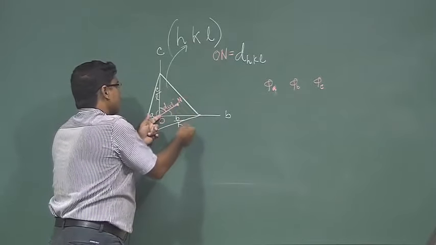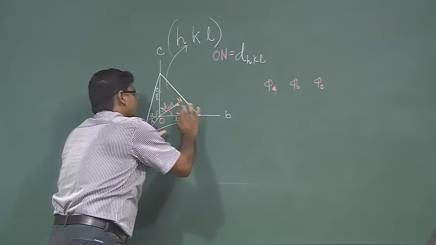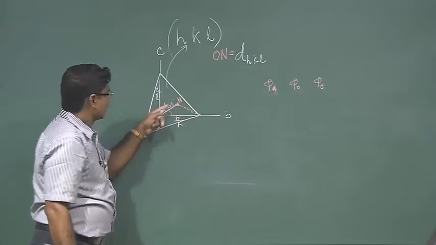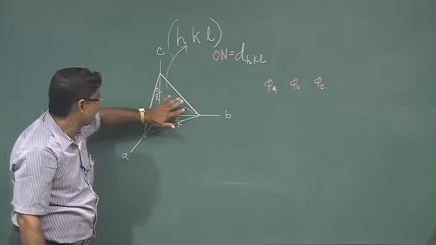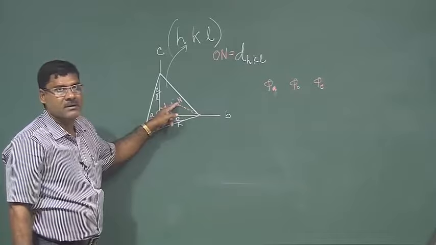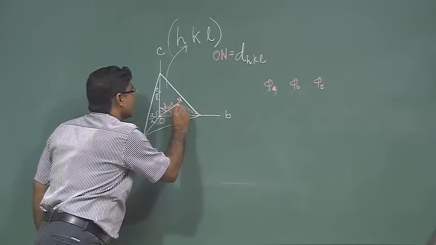Okay. So if I consider this one, it's an easier one. This dotted line is on these planes, and this one is normal to this plane. So this angle is 90 degree.